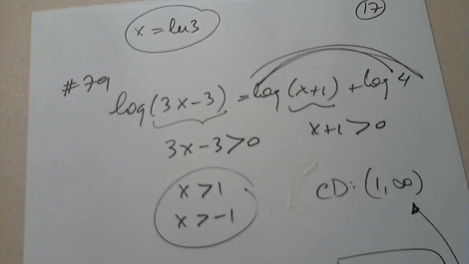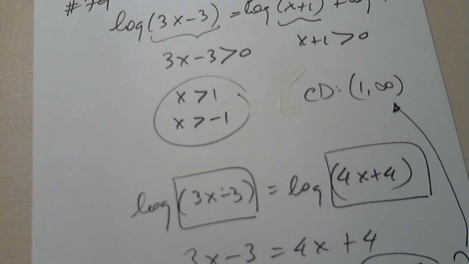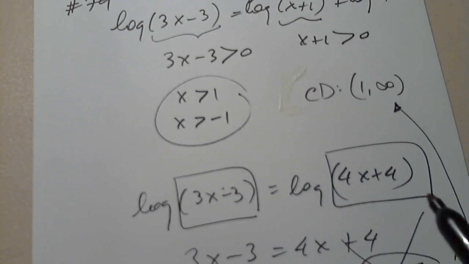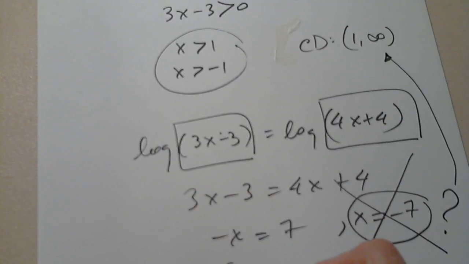Log cannot be applied to negative 6. So this equation has no solutions. I was not able to find a number that is strictly greater than 1 as the solution of this equation. Therefore, it has no solutions.